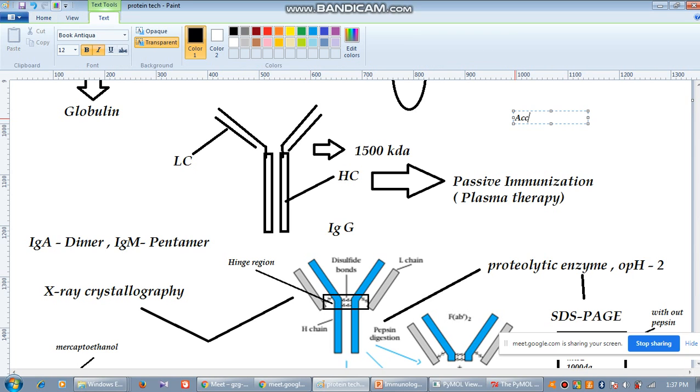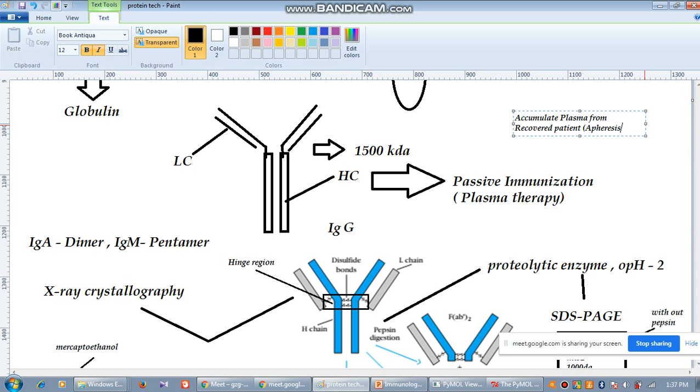So you will write like this: accumulate plasma from recovered patient by apheresis.